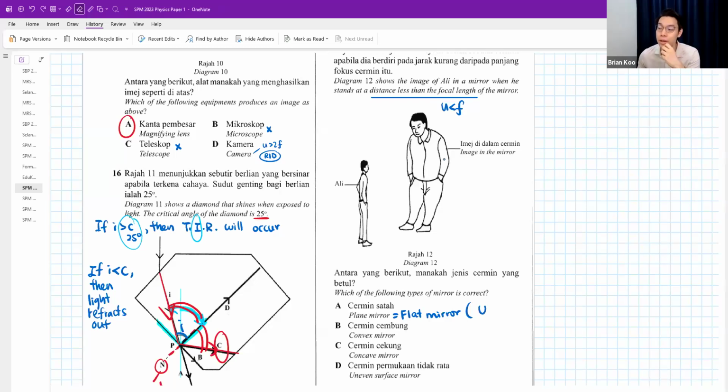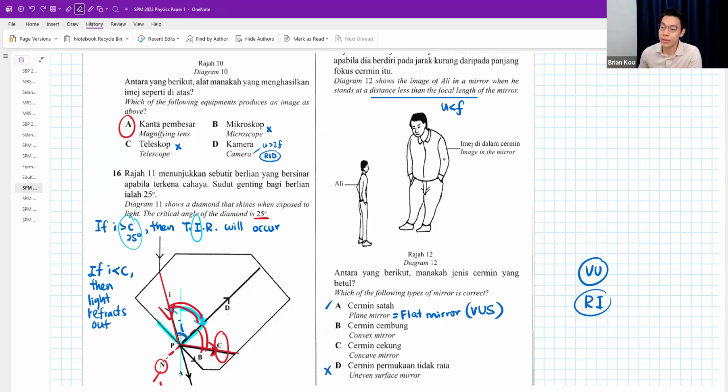And it will always give you a virtual image also. Because virtual and upright are always together. If it's virtual, it is always upright. Upright is always virtual. If it's real, it is always inverted. Inverted is always real. I hope you at least know that. And it will always be the same size. Virtual, upright, same size. When you see yourself in a normal flat mirror, you will not become bigger or smaller, same size.